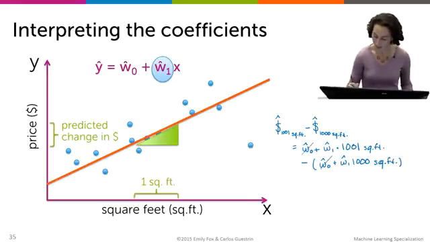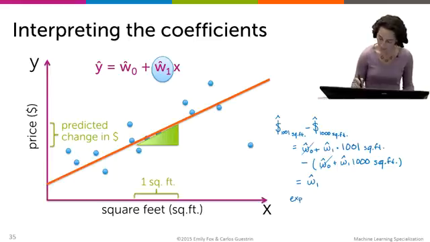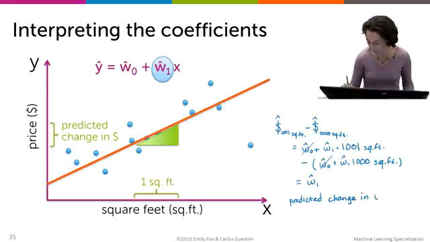And these w hat 0s are going to cancel, and the difference between these numbers is just 1, so this will just be w hat 1. So again, w hat 1 represents the predicted change in the output per unit change in the input.